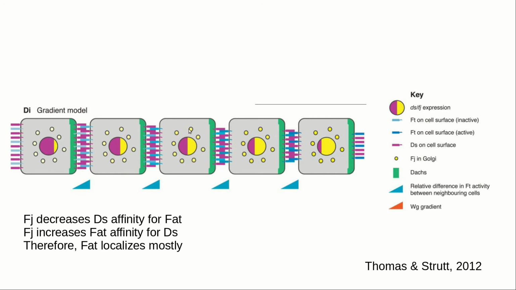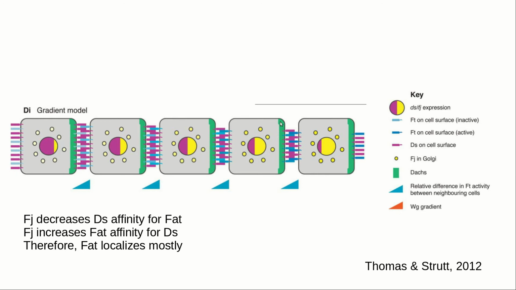And the same happens with the rest of the cells. Okay, so cells tend to orient their Fat towards the exterior part, because the cells that are more exterior have more Dachsous, and cells try to orient their Dachsous towards the most central part, because that is the cell that has more active Fat, because it has more Four-jointed.